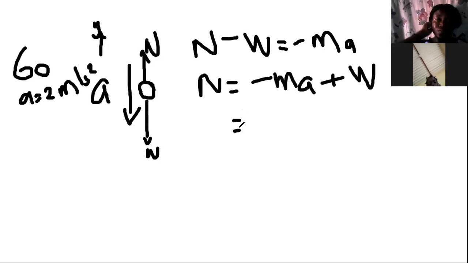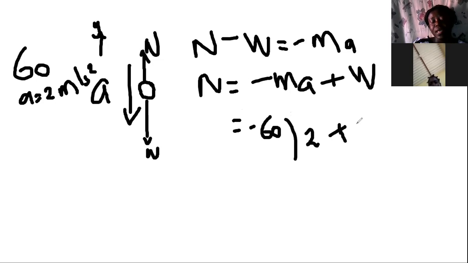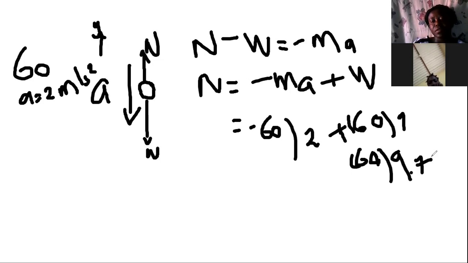Then you take minus the mass, 60 times the acceleration of 2, and then you add your weight, which is the mass times the gravitational acceleration, 60 times 9.78.